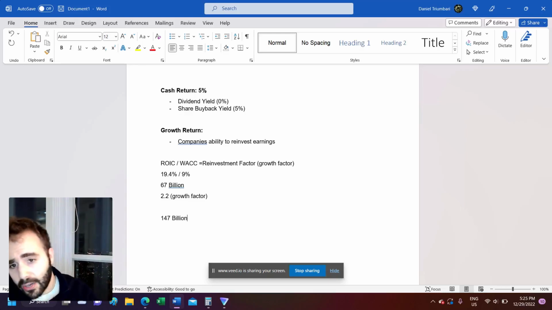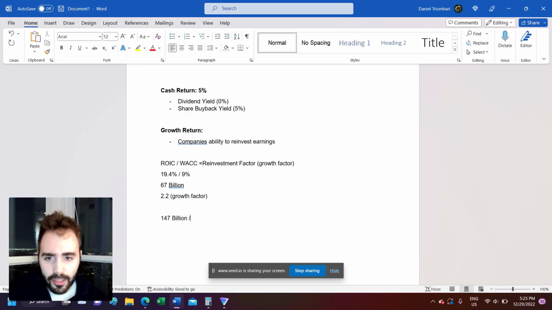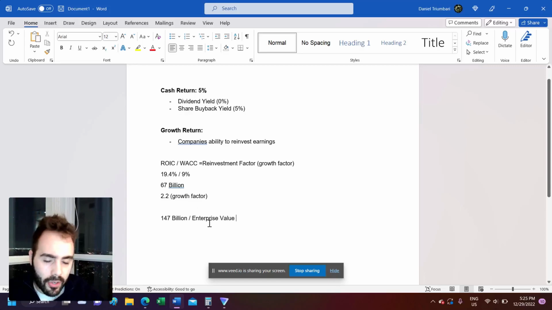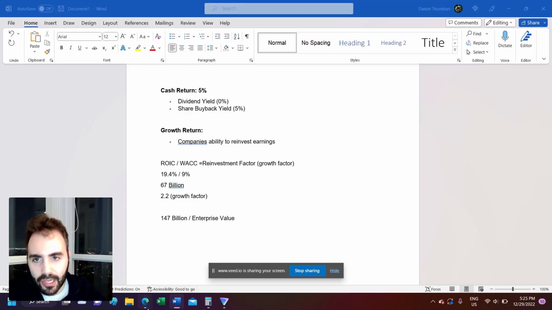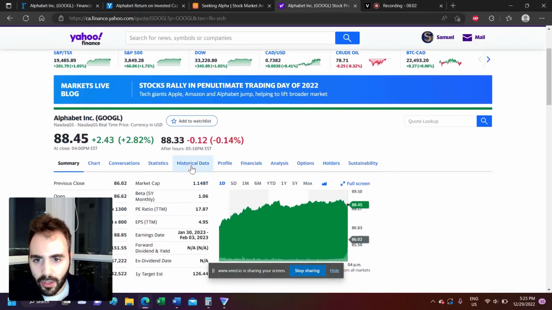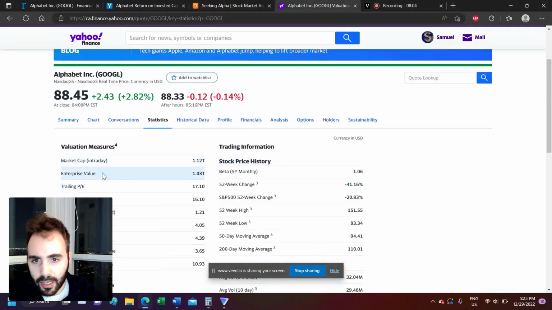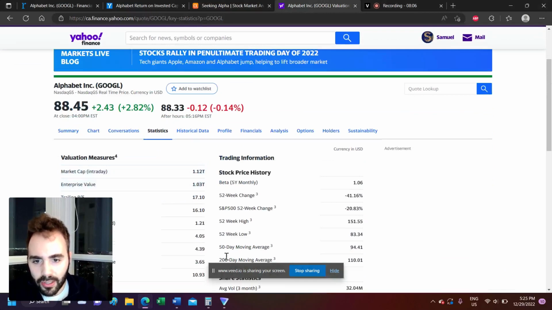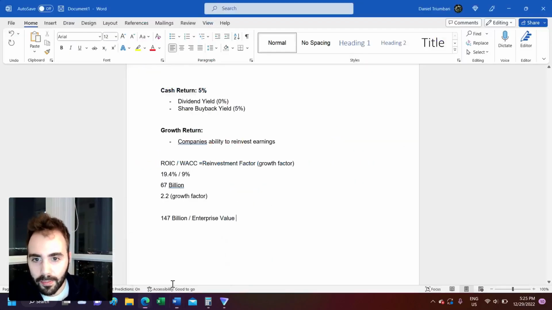Now, taking this 147 billion, we're going to divide it by the enterprise value of the company. The enterprise value being the market capitalization of the company plus the debt minus the cash. So we can look at Google's enterprise value here, which is 1.03 trillion, which is a big number.